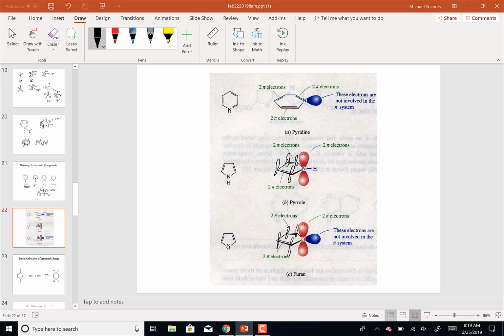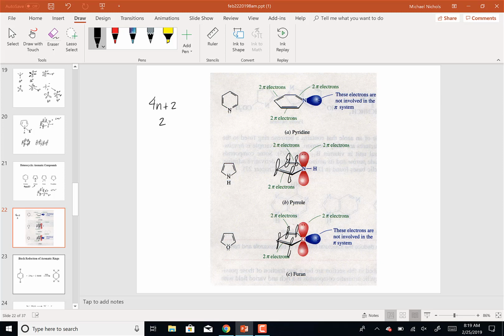Nicole? Can you explain the 4n plus 2 rule? So all the 4n plus 2 rule does is it generates a list of the numbers of pi electrons that will make the system aromatic. So if I start with 0, I would get 2.